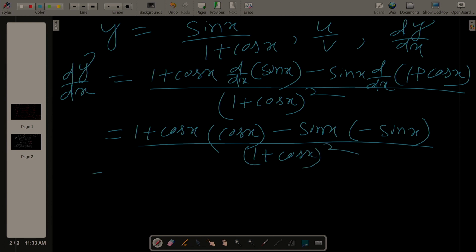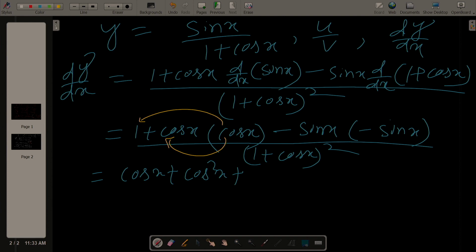So I can write, very simply, cos x plus cos square x, because when you multiply cos x with 1 the value is cos x, and cos x with cos x is cos square x.